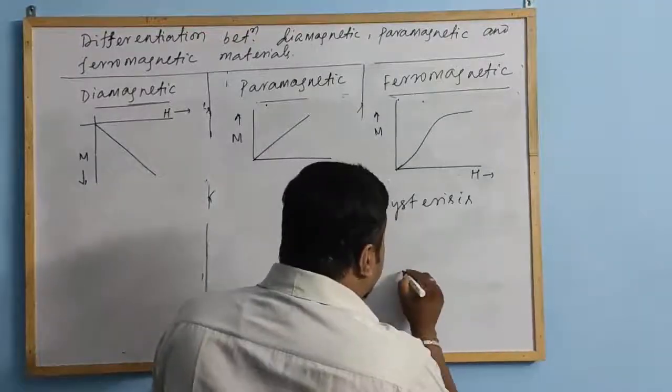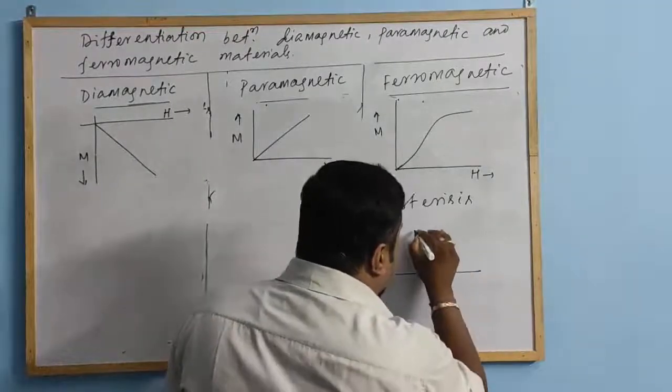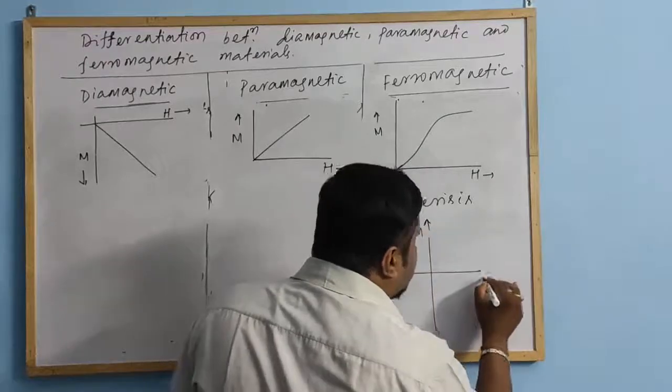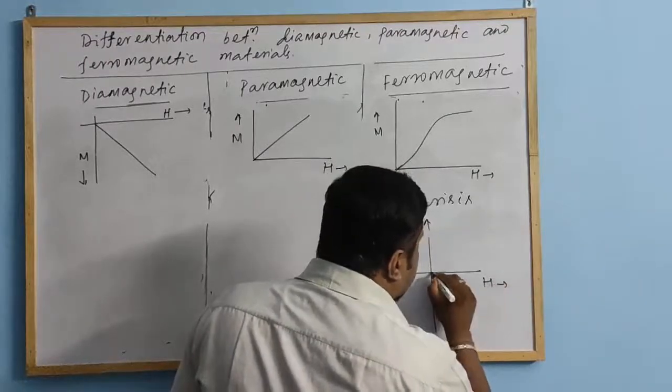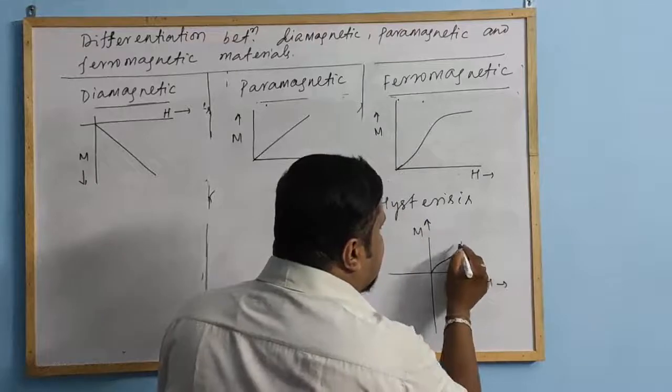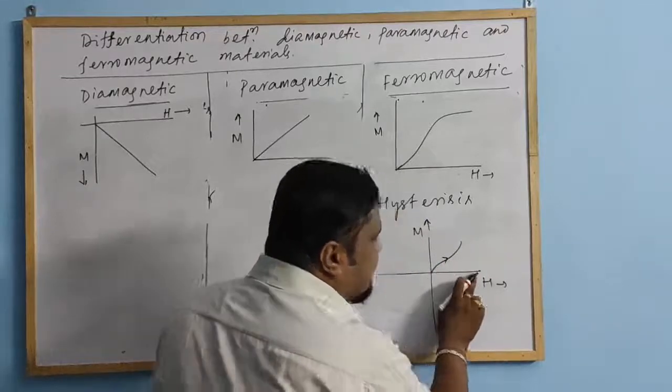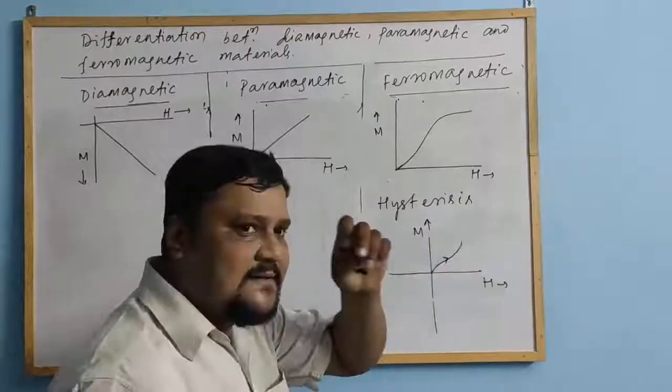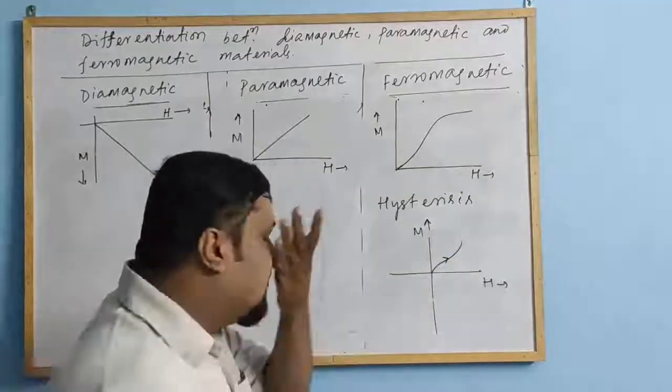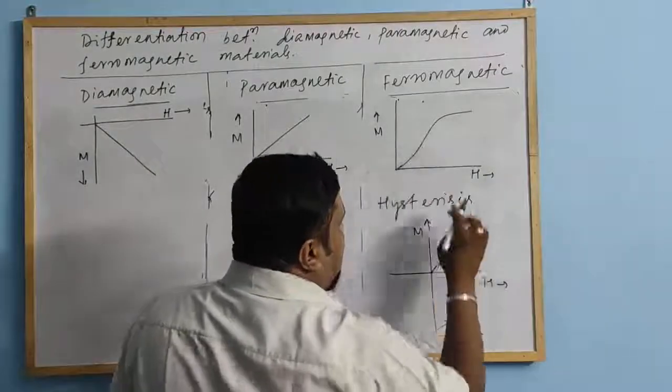The hysteresis curve for a ferromagnetic material, if you plot a graph between M and H, you will get a curve like this. When the magnetic field intensity increases, the magnetization increases, and it goes like this.